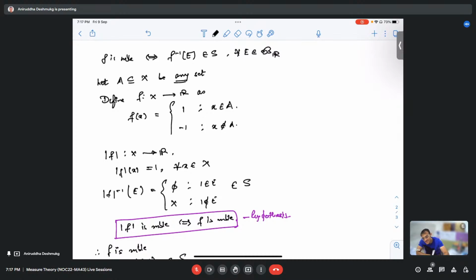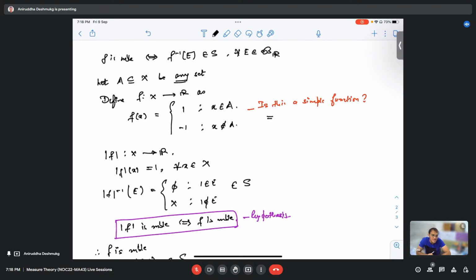So, Asha, can you tell me whether f is a simple function? It's a linear combination of characteristic functions. If we define f1 such that x belongs to it, then the value is 1, and if it does not belong to it, then it equals 0.